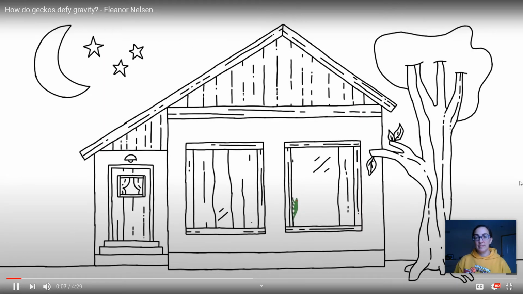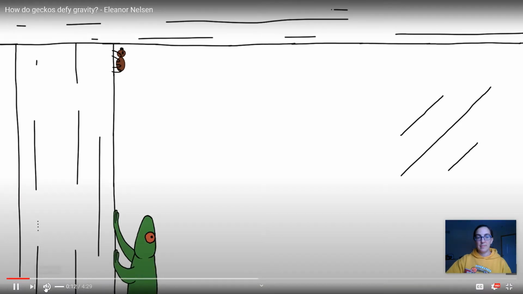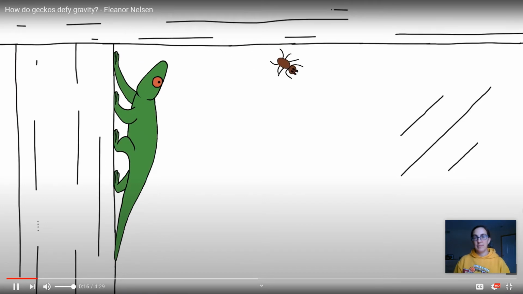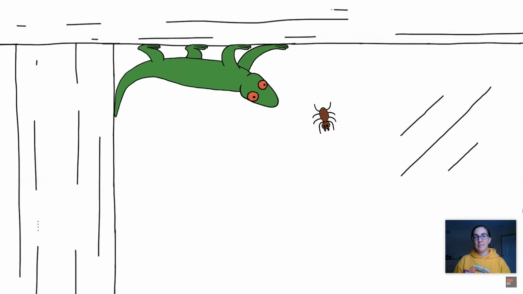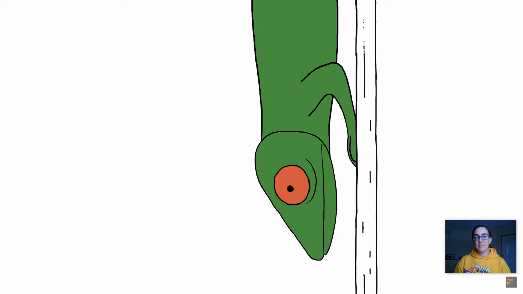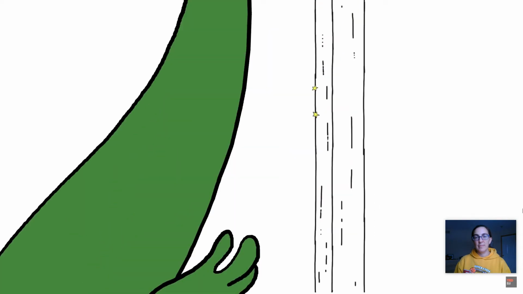It's midnight, and all is still, except for the soft skittering of a gecko hunting a spider. Geckos seem to defy gravity, scaling vertical surfaces and walking upside down without claws, adhesive goos, or superpowered spiderwebs. Instead, they take advantage of a simple principle, that positive and negative charges attract.